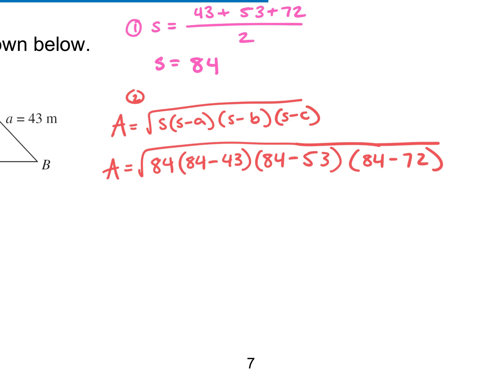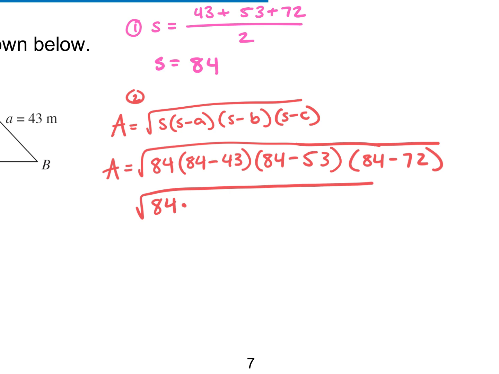Yeah, you can put this all in the calculator at once if you want to. Just be careful with your parentheses. You can do it step by step if you want to that way too. I'm actually just going to subtract each one of the parentheses.